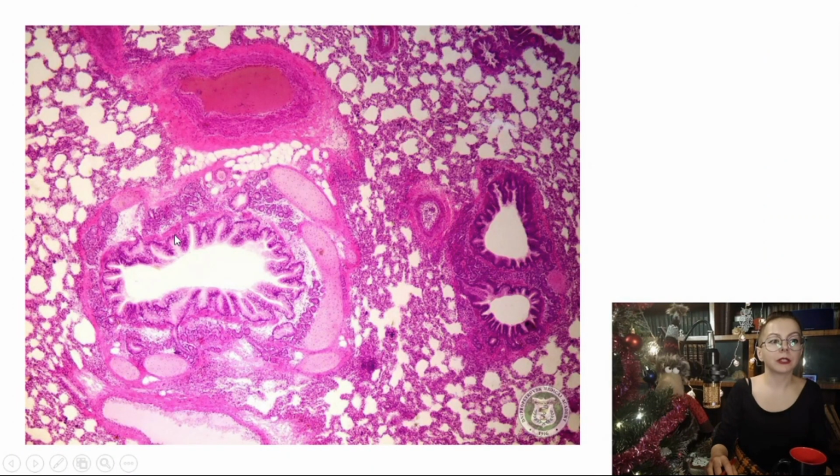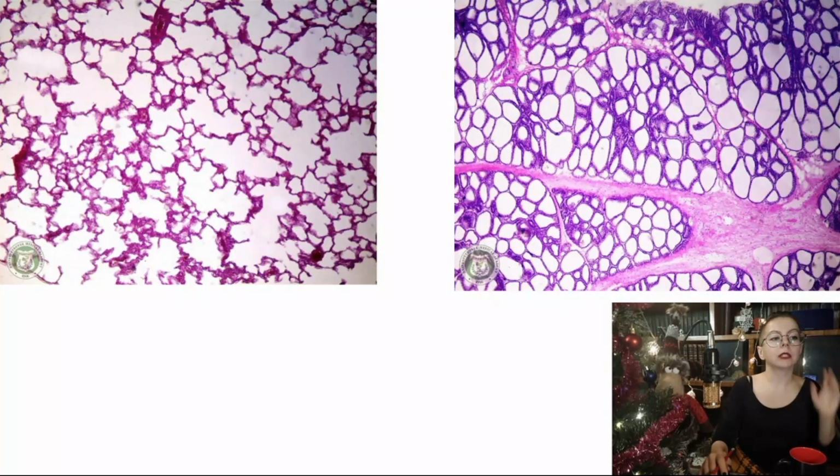Then a lung. Inside a lung you can find large bronchi, and do not confuse it with the trachea, because in other words this specimen is unique and can be confused with others. And if we look at the lung and lung alveoli, they can be confused with the mammary gland.